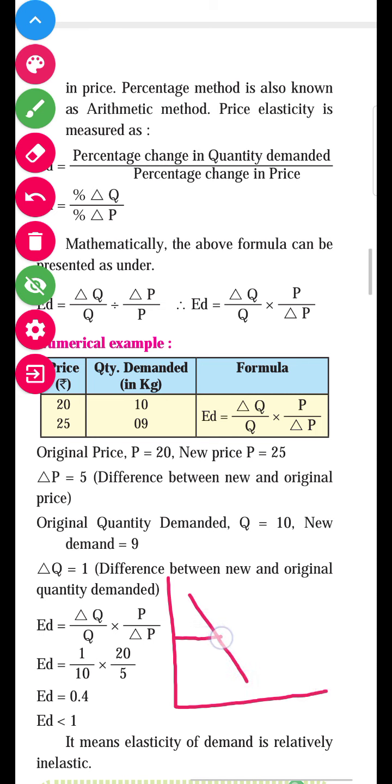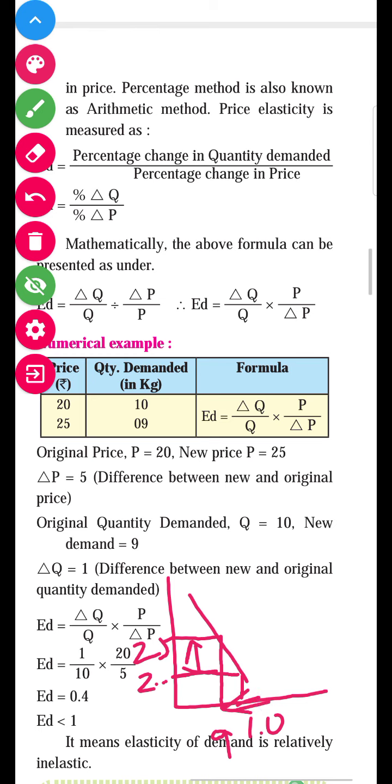Yes, it means, suppose this is the original price and this is the new price. So you can see price here, what happened here, price increases. The original price is 20 rupees, and according to this 20 rupees, how much the demand? Demand is 10 kg. So price increases from 20 to 25 rupees, and demand decreases from 10 kg to 9 kg.